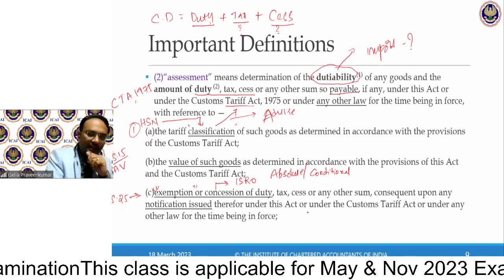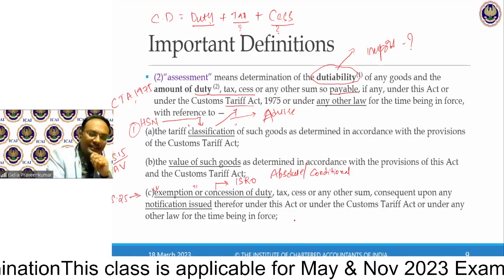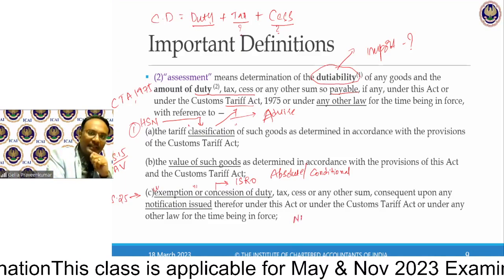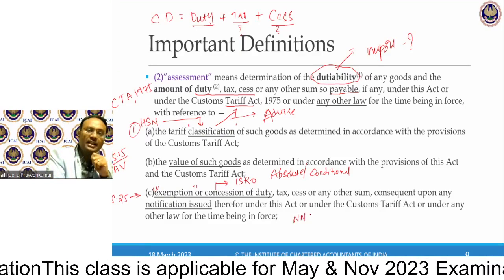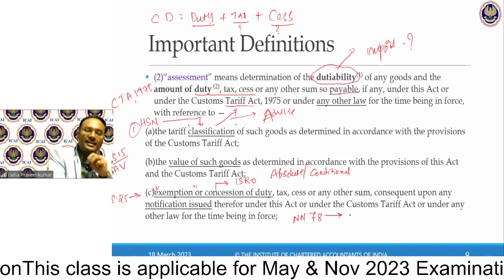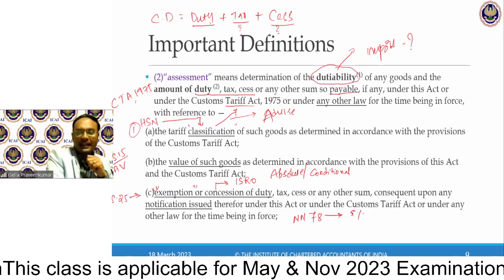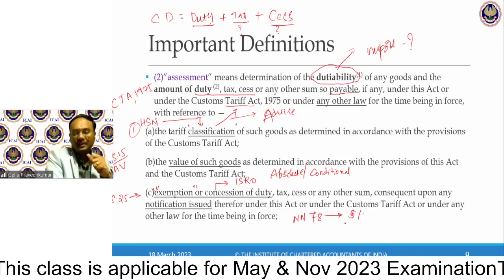For a moment, assume there is a notification 78 of customs where it says you have a concessional rate of say 5% ad valorem when you satisfy some conditions.